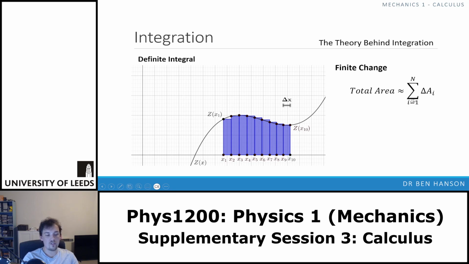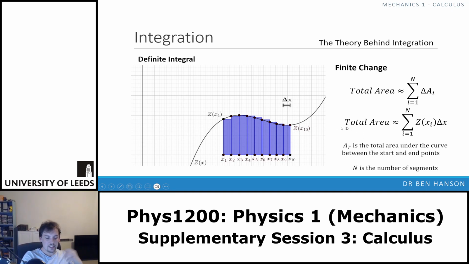It's the sum over all these segments. So that's what this symbol means. It's the sum from i equals 1 all the way up to n, where n is 10, of all of these segments. And so we can express that delta A there in terms of the function times delta x, right? That's what we were just doing there. A_T is the total area under the curve. N is the number of segments that we're talking about.